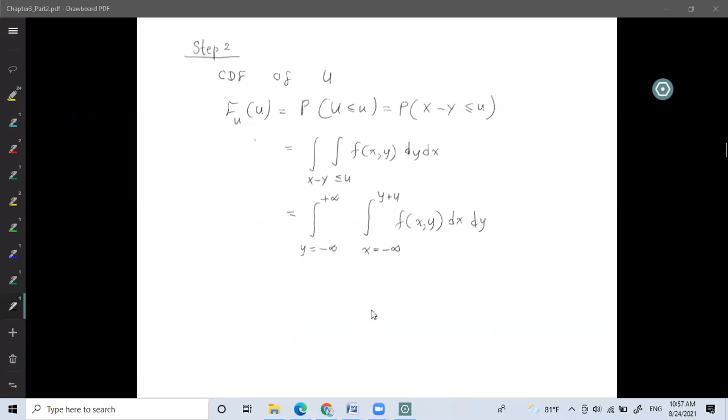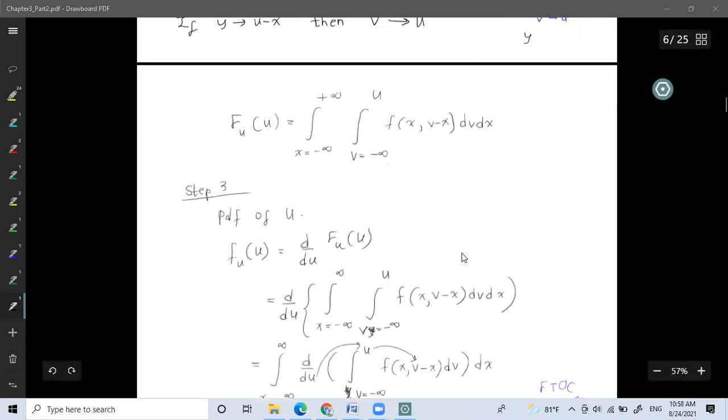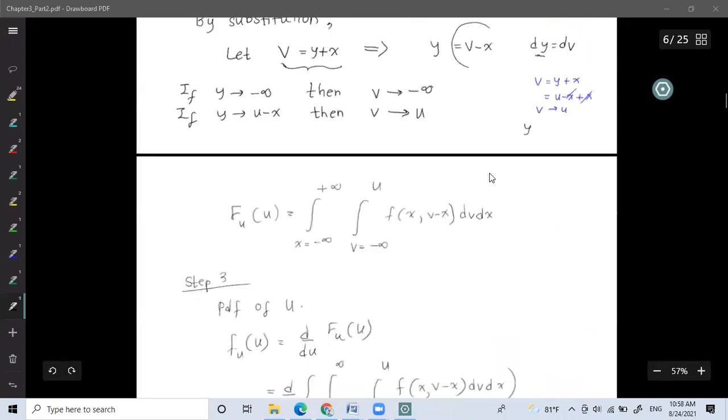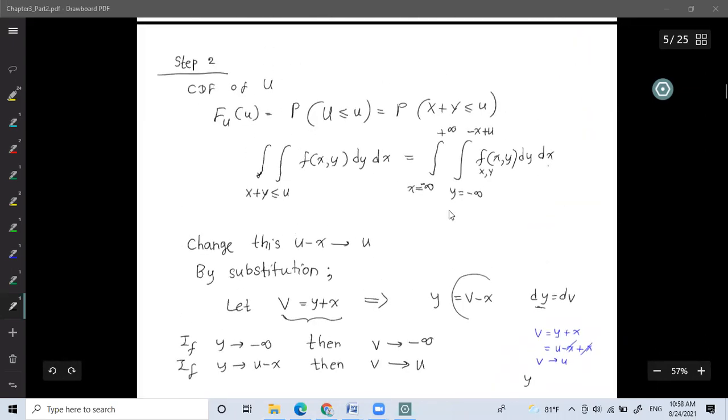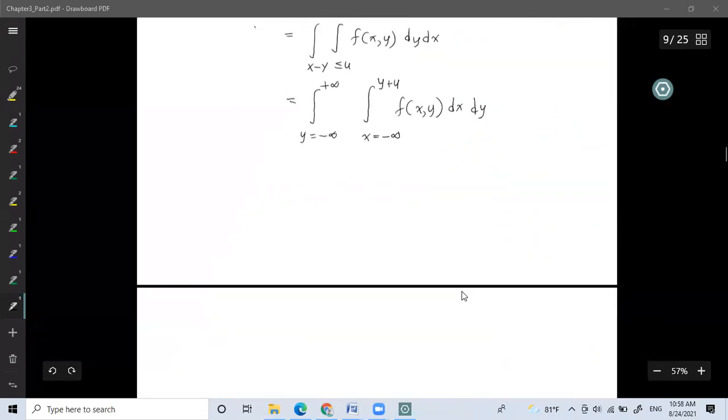Okay, so let's see what will happen. Now we wrote the integration, so we are here. Now let's do the change of variable. Can you also try the change of variable? What do we have to do?